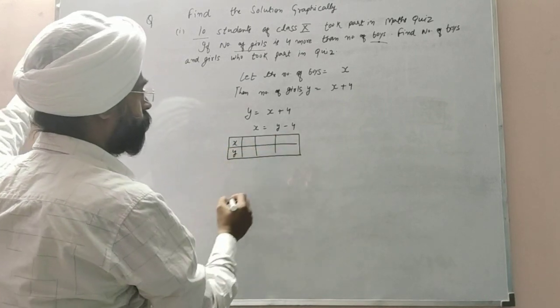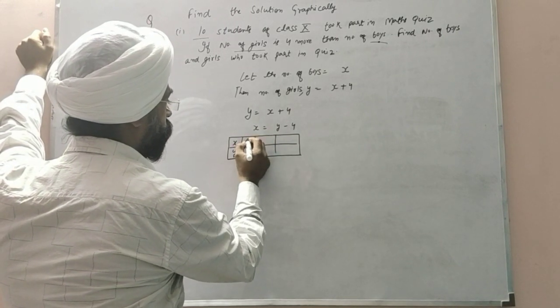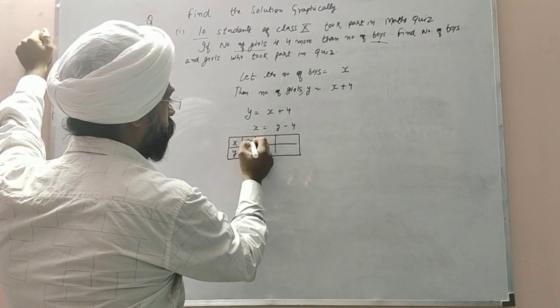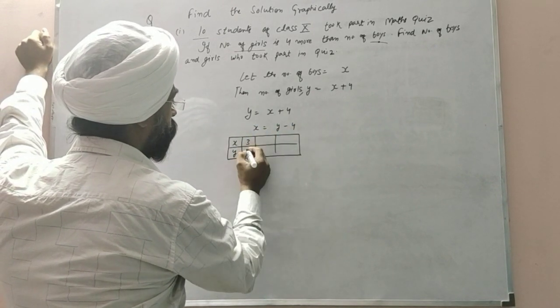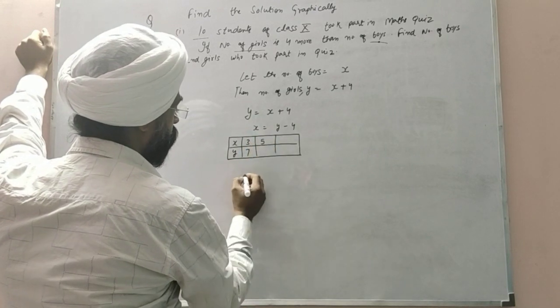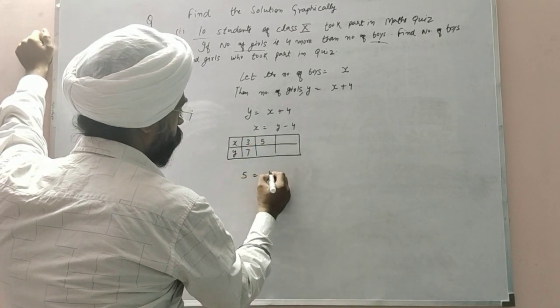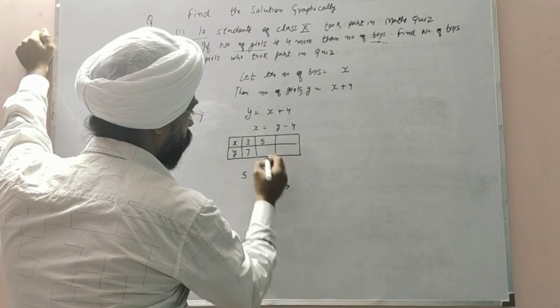If we take x as 3, then y will be 4 plus 3, which is 7. If we take x as 5, then y will be 5 plus 4, which is 9.